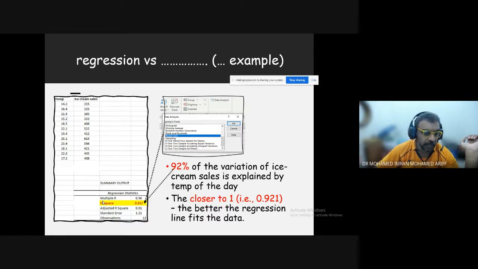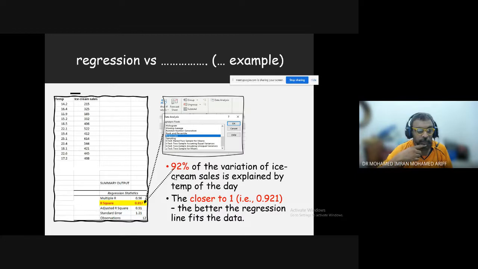It gives me bila you come to regression, you're looking at your R. R is 0.9 untuk ni is 0.917. 0.9717 bermaksud 92% of the variance of ice cream sales is explained by the temperature of the day. Okay, bermaksud 92% of the sales of ice cream is explained by the temperature.